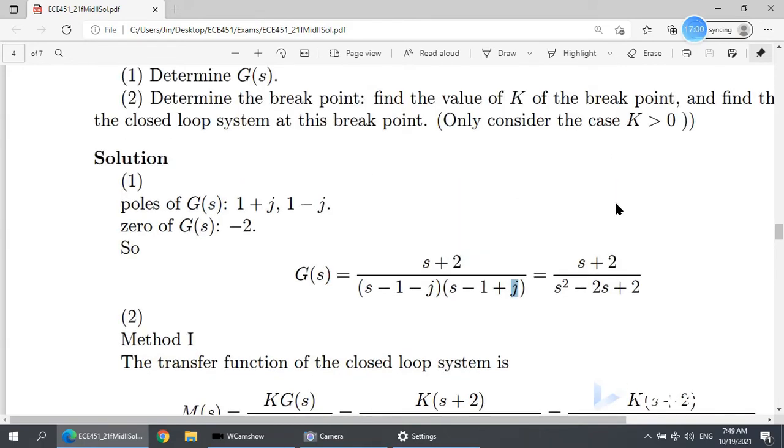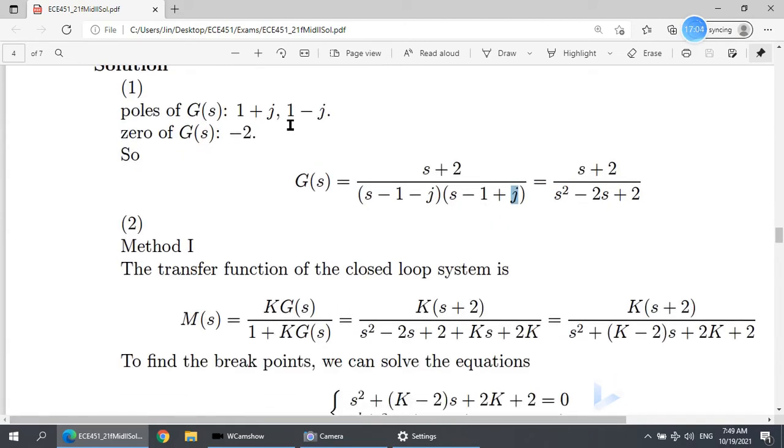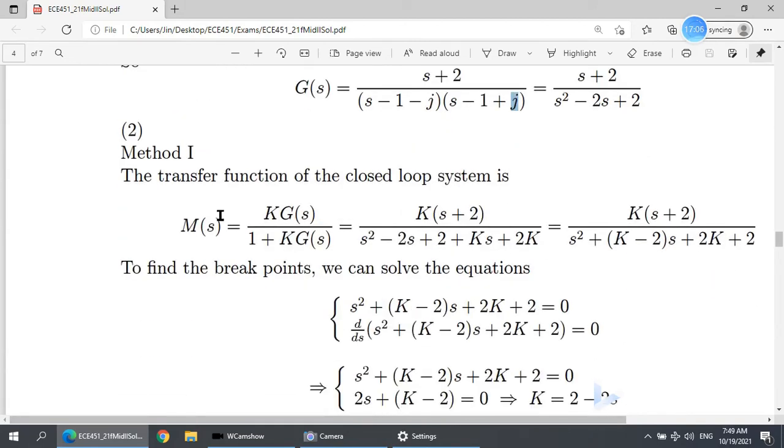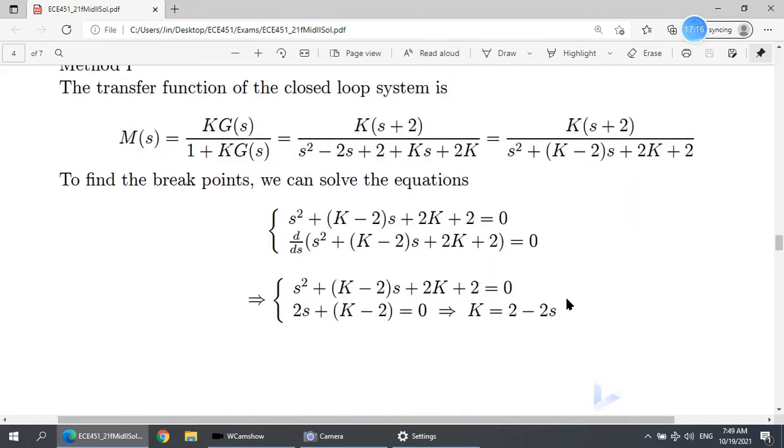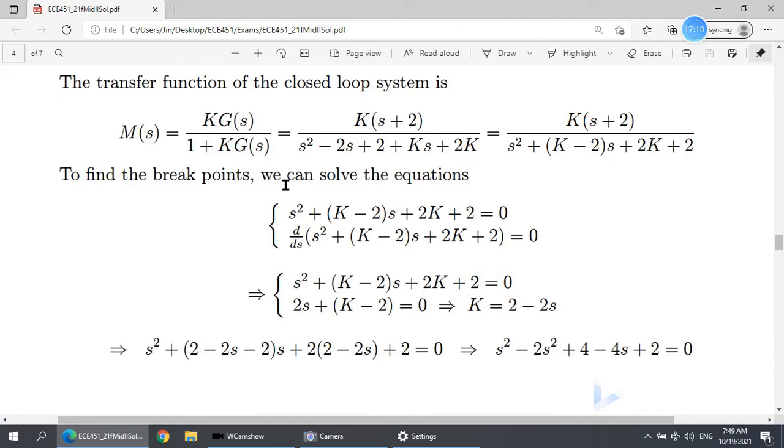All right. This is for the first part. And then the second part, we want to find the breakpoint. What is breakpoint? Actually, we need the whole transfer function, right? The transfer function of the closed loop system is this one. And then for the breakpoint, we need the denominator equal to 0, as well as the derivative of the denominator also equal to 0.